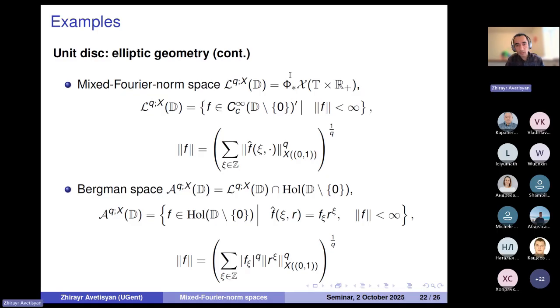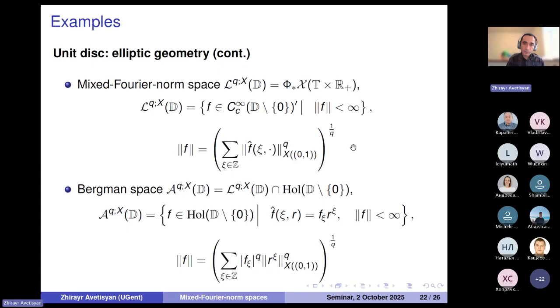More explicitly, what it becomes, it is the space of all distributions in the punctured disk such that this norm is finite, and this norm is a typical mixed norm, as you can see.